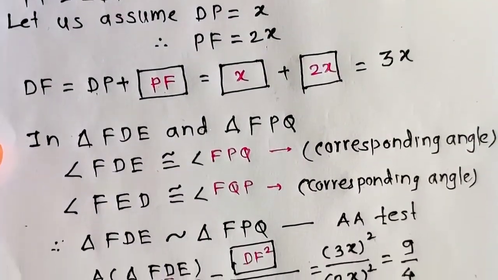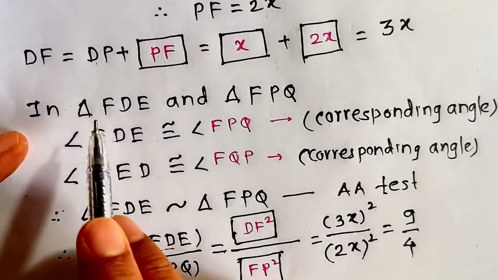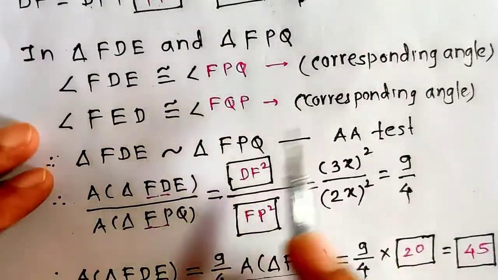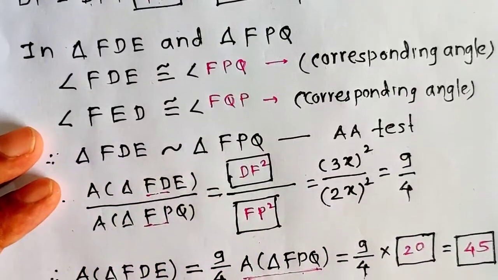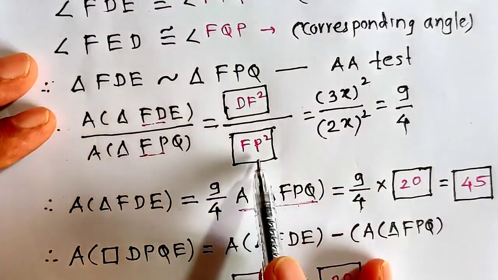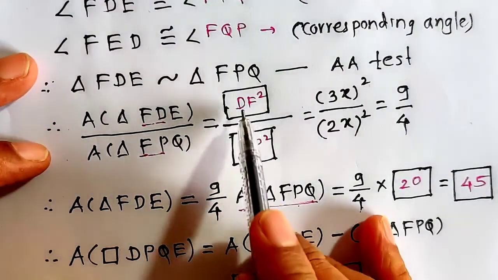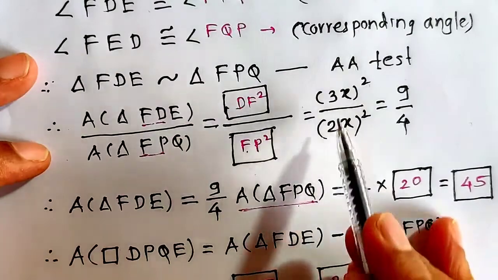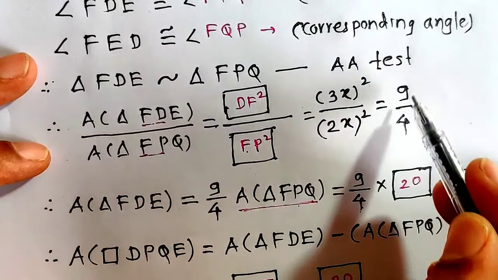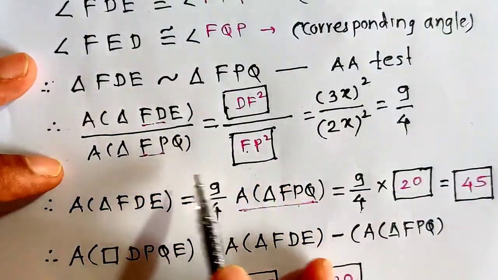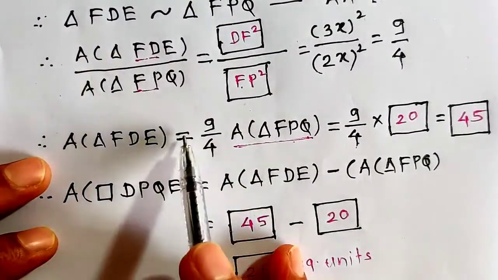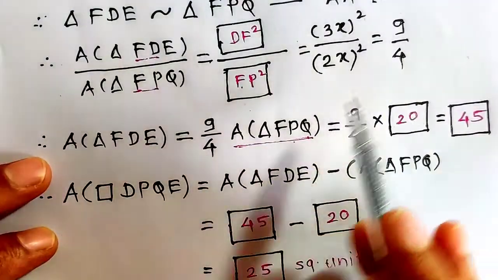Now consider these two triangles, triangle FDE and FPQ. Here two pairs of corresponding angles are congruent, therefore these two triangles are similar, and when two triangles are similar, the ratio of their areas is equal to the ratio of squares of their corresponding sides. Now DF is 3x, FP is 2x, substitute, the values are already there in the activity, so squaring, x square gets cancelled, we get 9 by 4. So this ratio is equal to 9 by 4. After simplification, the numerator is equal to 9 by 4 multiplied by the denominator.